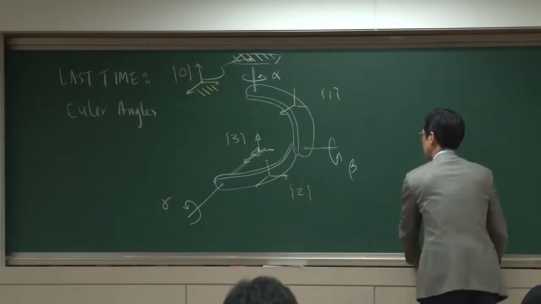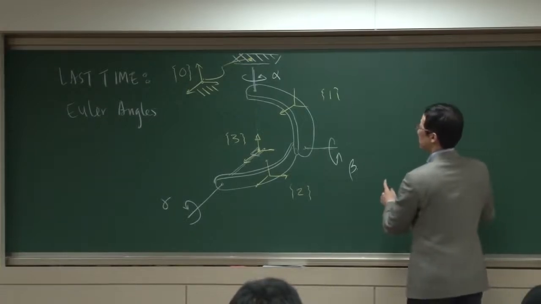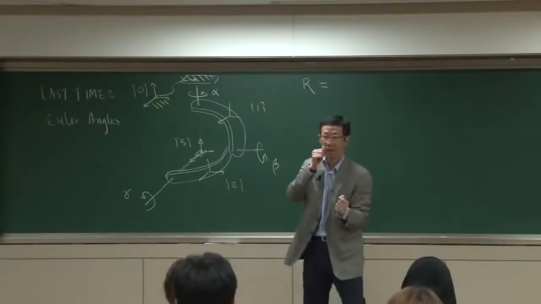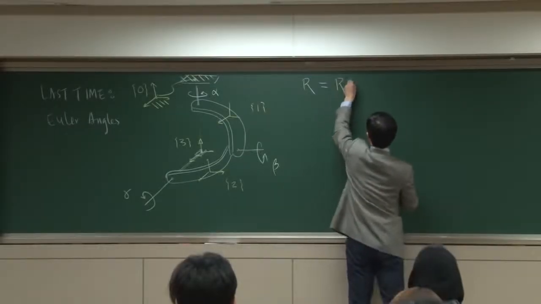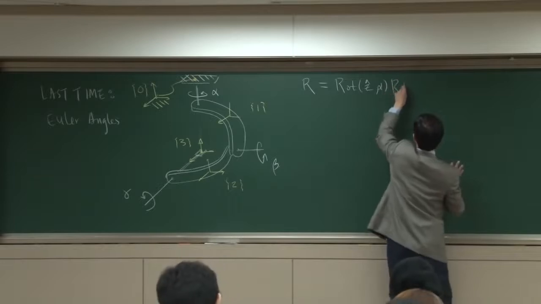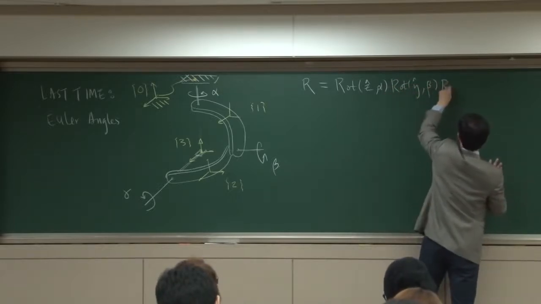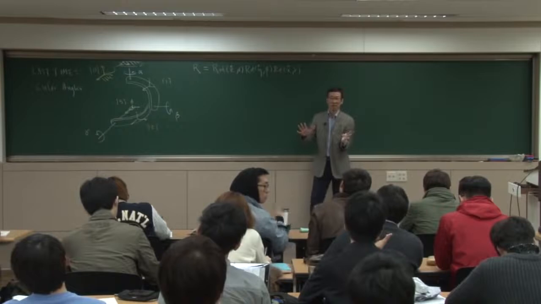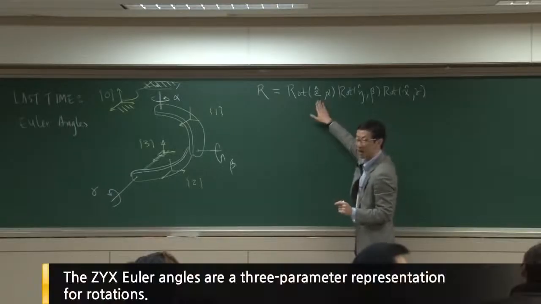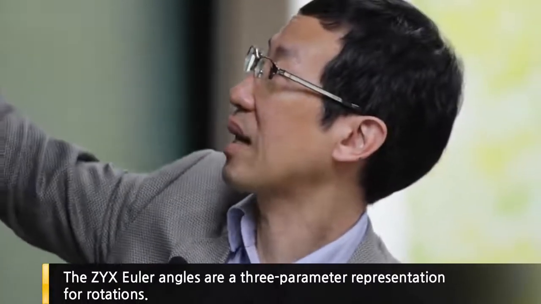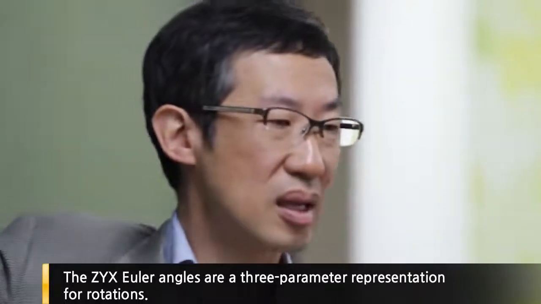What I showed you last time was that the orientation of frame number 3, written as a rotation matrix, is a multiplication of 3 rotation matrices: rotation around the z-axis by alpha, followed by rotation around the y-axis by beta, followed by rotation around the x-axis by gamma. You remember the exact form of these matrices.